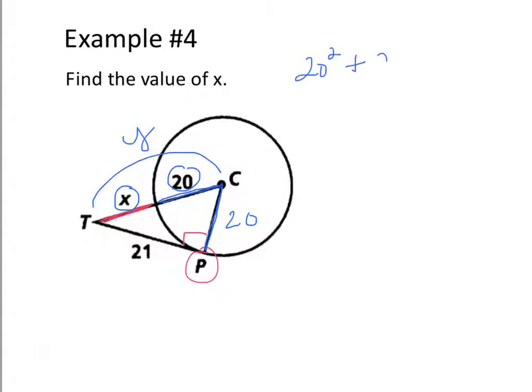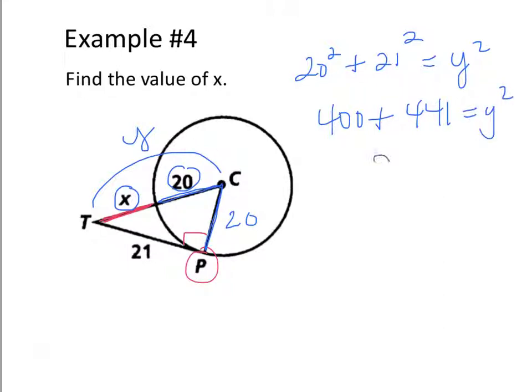20 squared plus 21 squared. Oops, that was a bad square. Let's try that again. Equals y squared. So I get 400 plus 21 squared is 441. When I add those two together, I get 841. And since it equals y squared, I have to take the square root of both sides. So I'm going to get y equals 29.